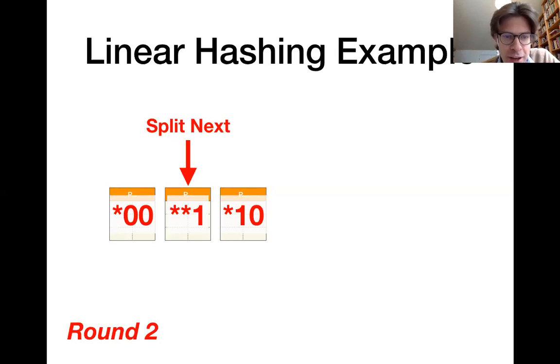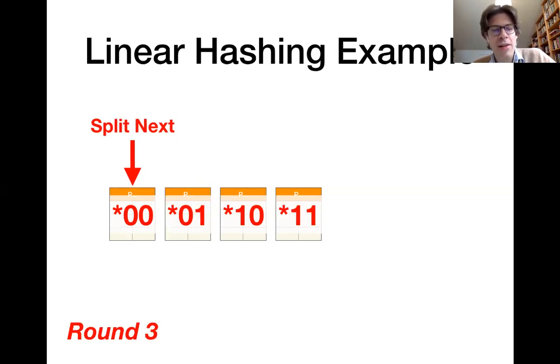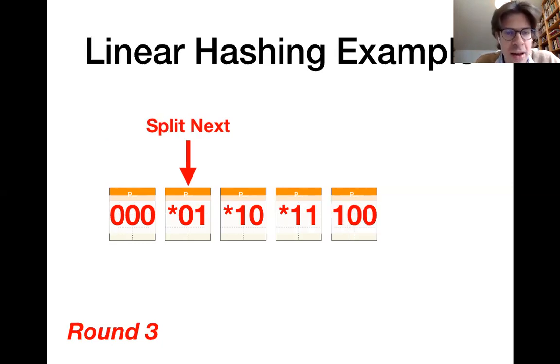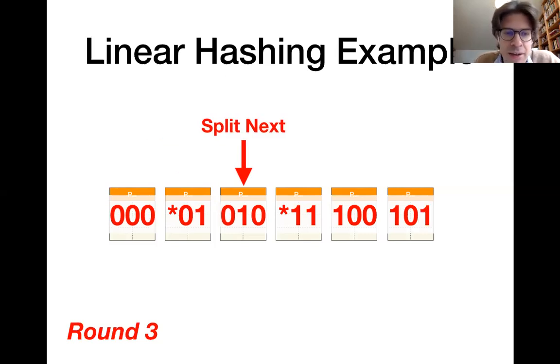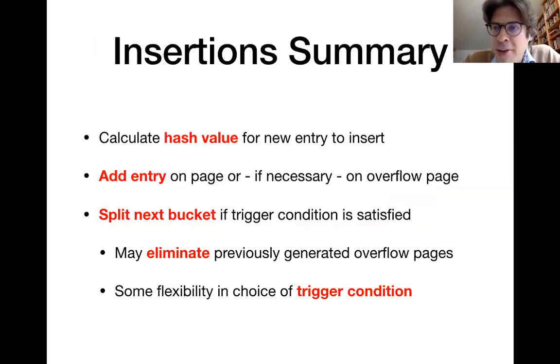We are now pointing to the last bucket that existed at the beginning of the round here. And after we split that one as well, we are resetting the counter again, and we are entering round number 3. So now we have 4 buckets that are associated with the 4 possible value combinations of the 2 last bits of the hash function. Okay, and now we can continue this, and we can split the first bucket here and the second bucket here, and so on. But the principle is the one that is summarized here.